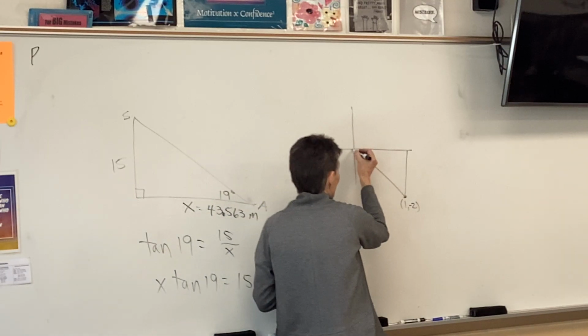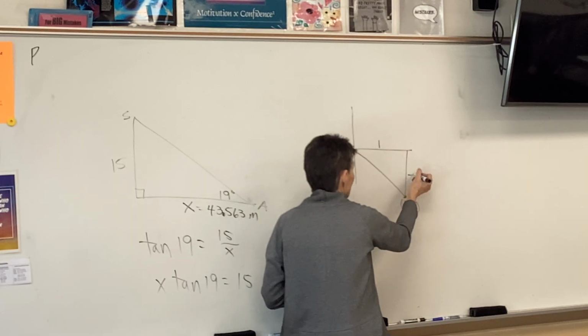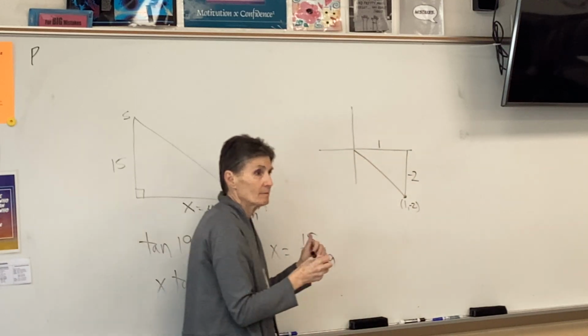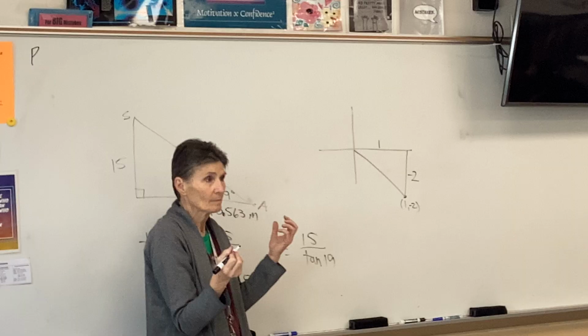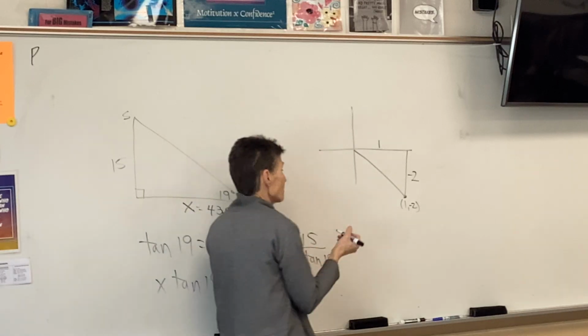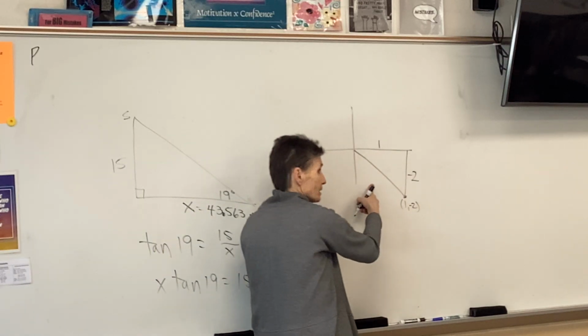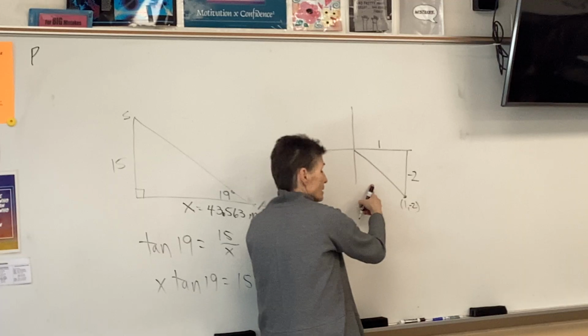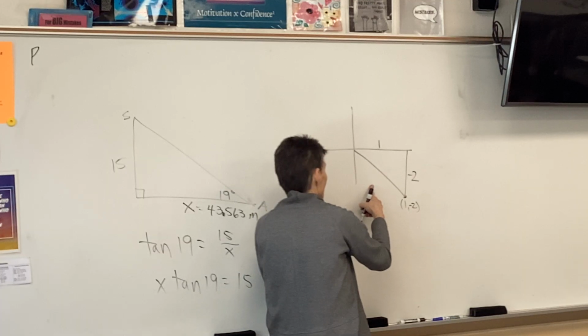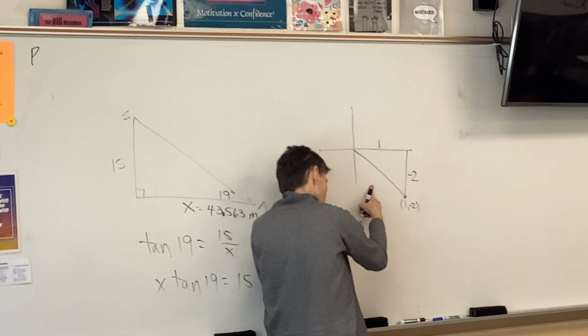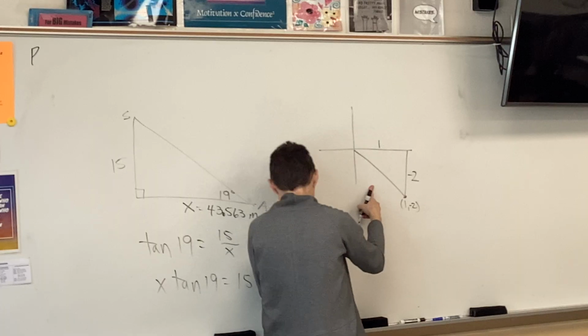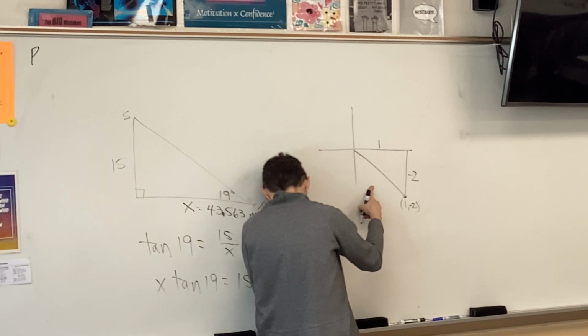It means that I went right 1 and down 2. Does everybody get that? Which means my hypotenuse is not √3.